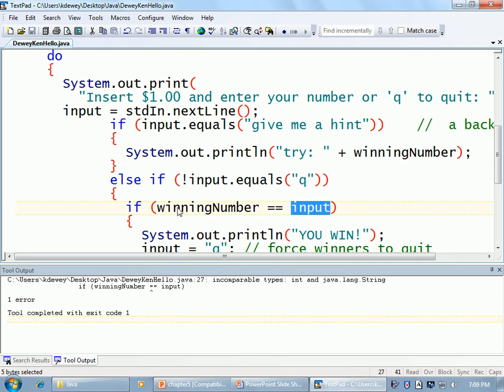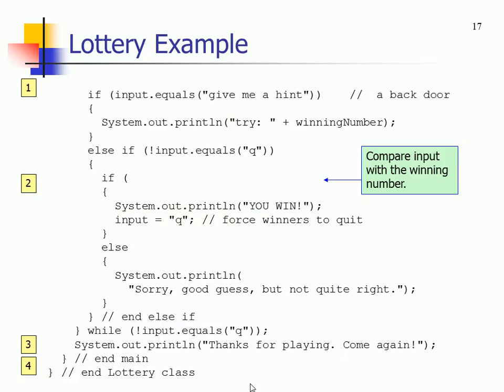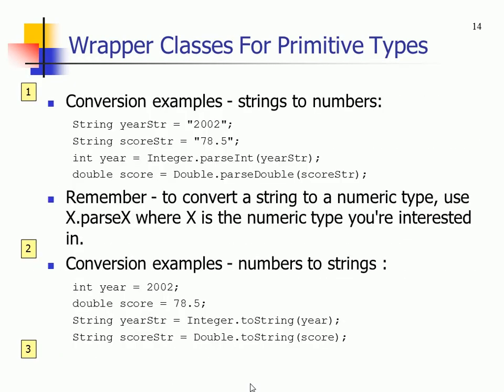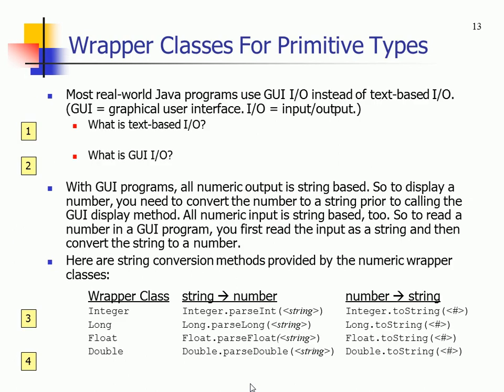Not a good thing. Well, we learned about some of the wrapper classes. And in particular, let me go back to one here. It's right here. So which type of wrapper class do you think I can use to convert an integer to a string? Anybody? Looking at the bottom, the right hand side.